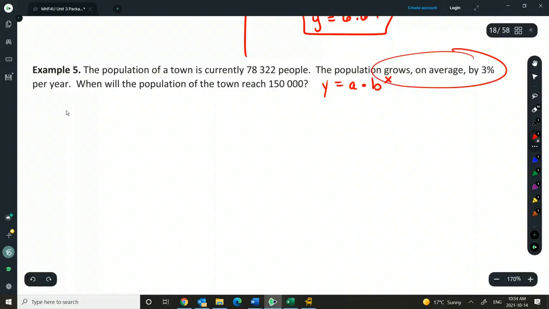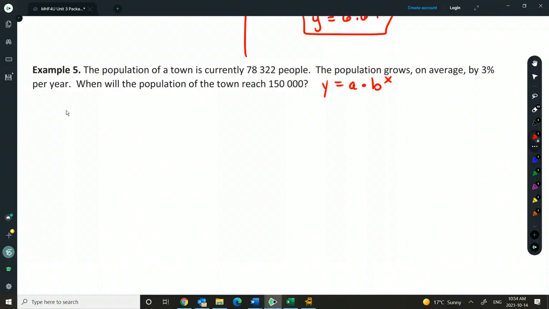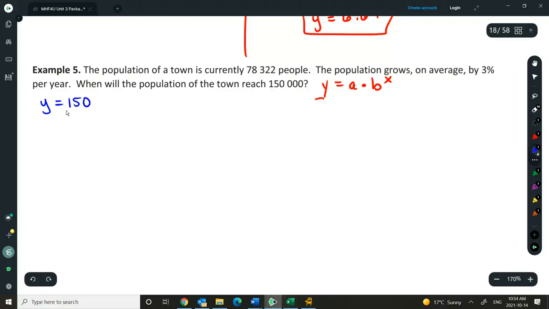This will be a nice little review for us, how we do growth by 3%, how we figure out our b value from that. Okay, so somebody give me one piece of information. What do we know out of y, a, b, and x? Keaton. Y is 150,000. Okay, future value is 150,000. What else?